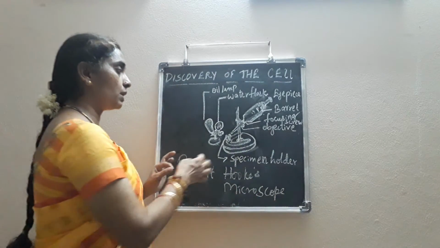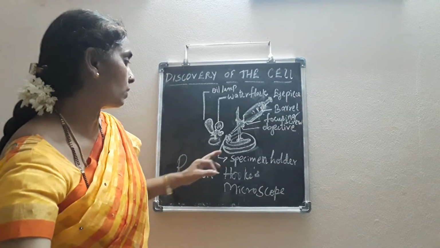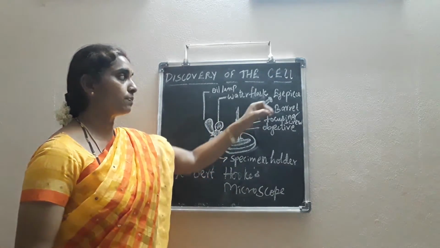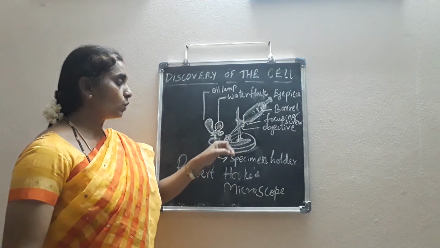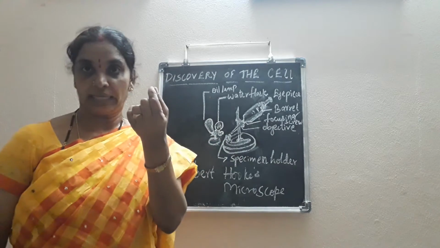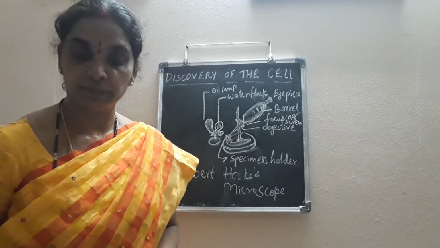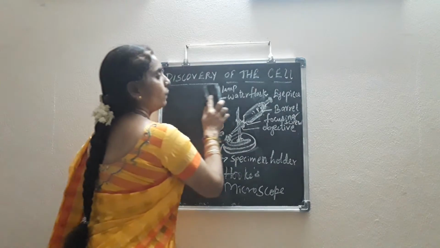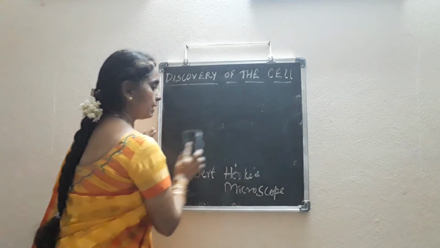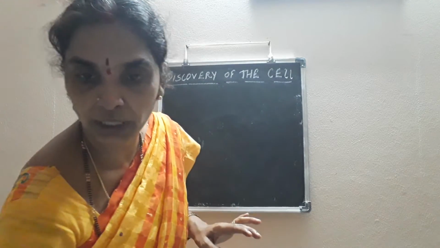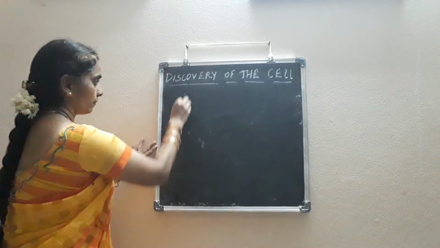Okay, children, if you keep this object over the stage or the specimen holder and observe through the objective lens from the eyepiece, you can observe the cell parts of this matchstick. The matchstick comes from a tree that is dead, isn't it clear? So we can observe the dead cells of the matchstick in this manner, children.